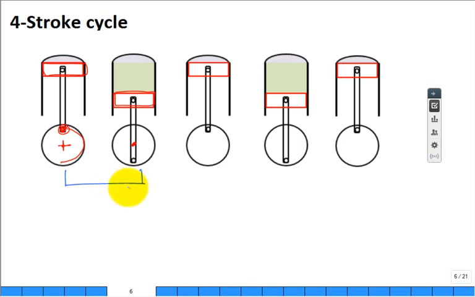Now, if you had an intake valve and it was open during that stroke, it would be creating a vacuum, yes, lower than atmospheric pressure, and it would draw air and fuel mixture, if the fuel injector added the fuel to the air, into that cylinder.